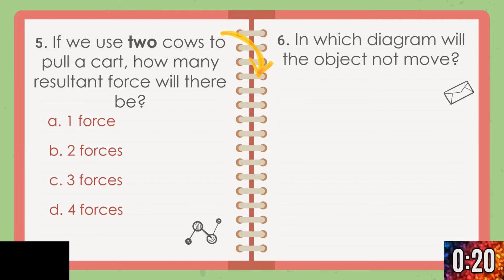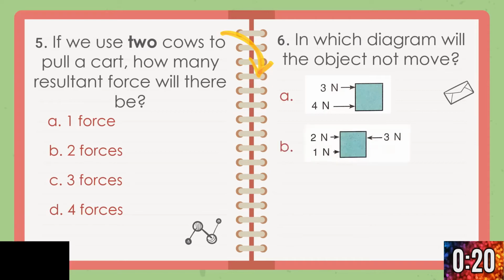Number 6. In which diagram will the object not move? A, an object is pushed in 3 Newton force and 4 Newton force to the right. B, an object is pushed in 2 Newton and 1 Newton force to the right and 3 Newton force to the left.